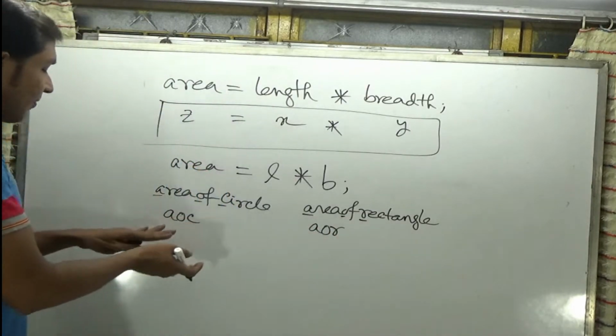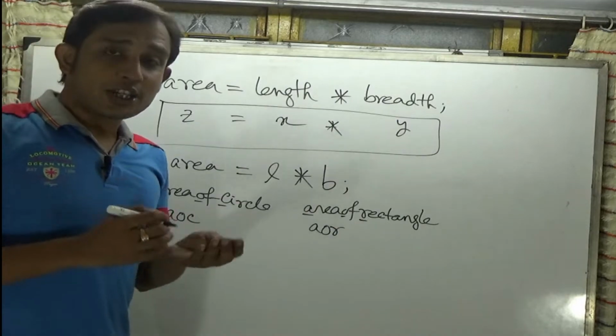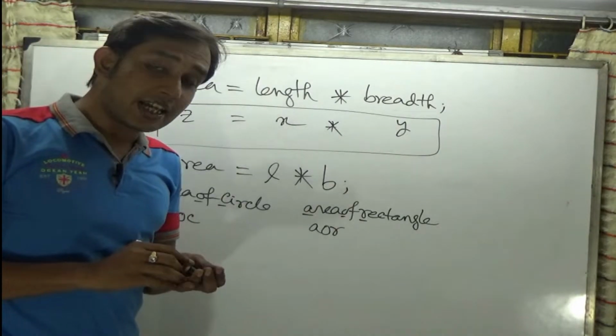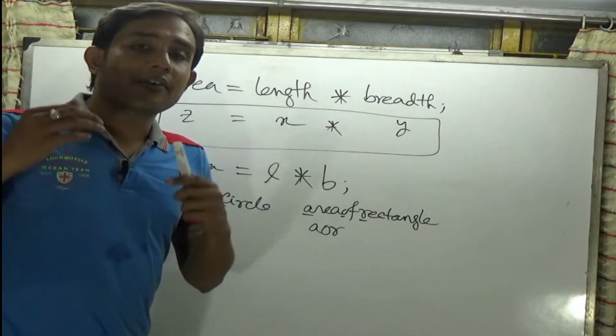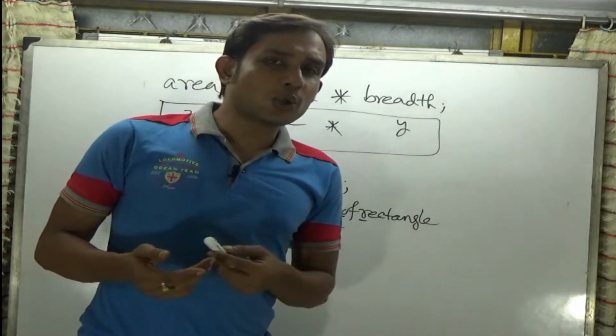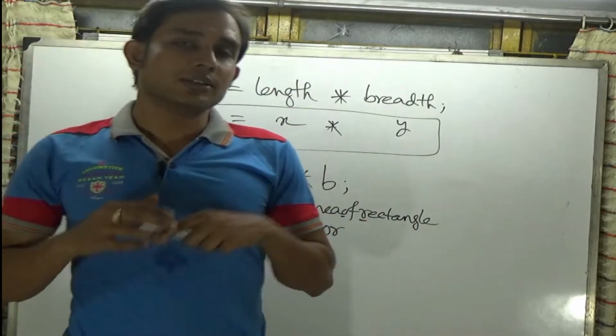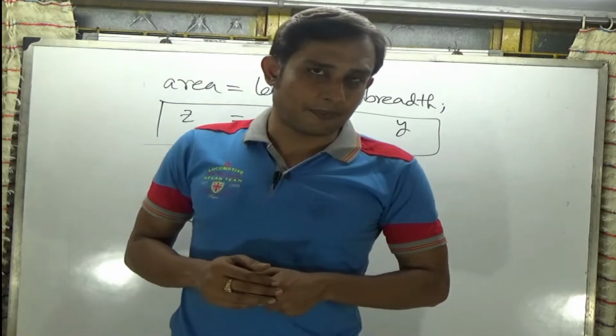AOC stores the value of the area of a circle, and AOR stores the value of the area of a rectangle, so they can depict the logic. In this way we can declare a suitable variable name.